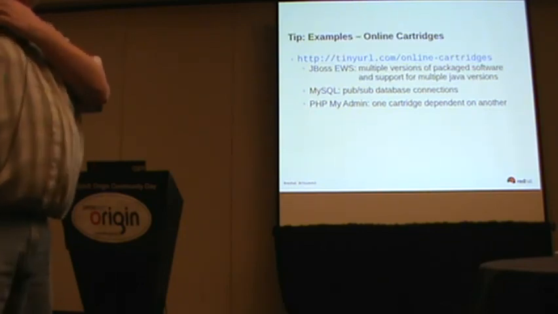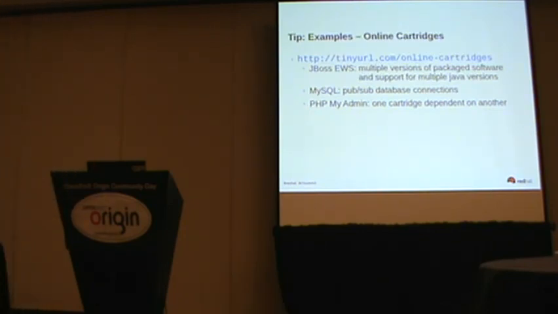This arrow points to our online cartridges. They're all open source. They're all available. You can go through those, use them as examples for what you want to do. I did call out some things. The JBoss EWS does multiple versions within one cartridge. So it packages both versions of EWS.